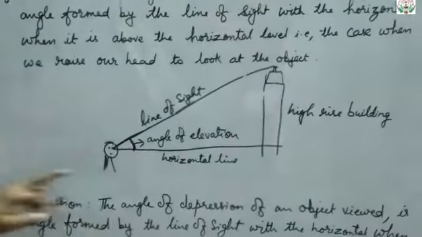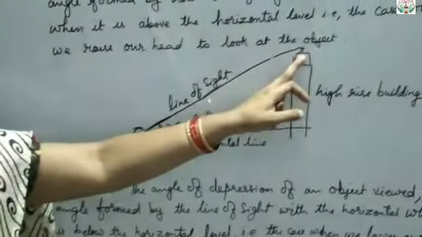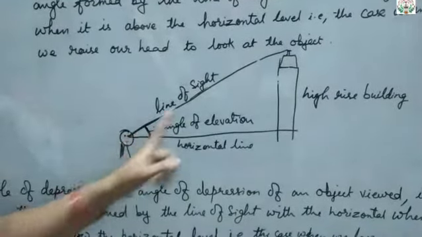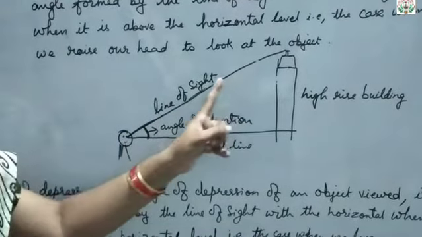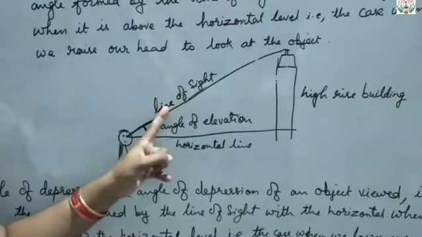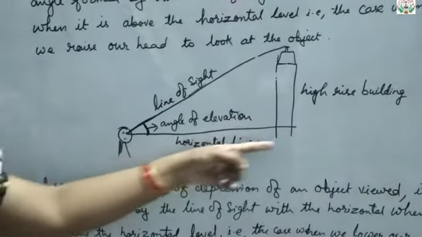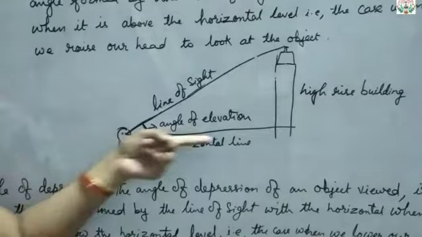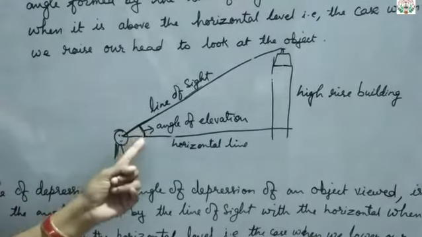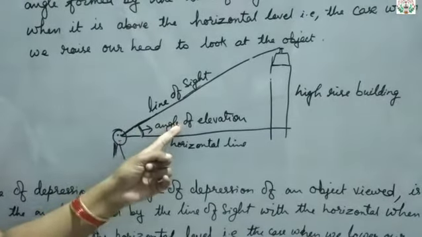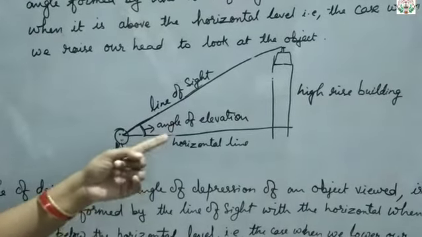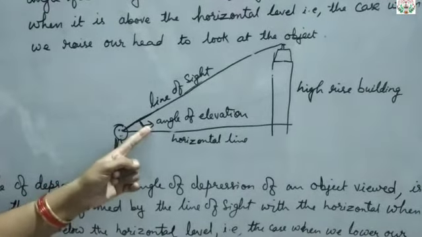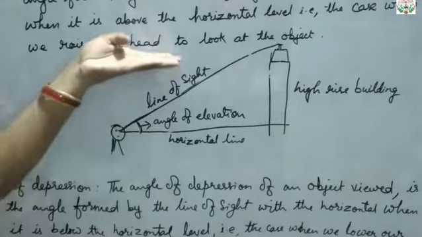Now clear, children? That is what the definition is. If a person wants to see an object, the angle made by the line of sight with the horizontal line is called angle of elevation, and it is always made above the horizontal line.